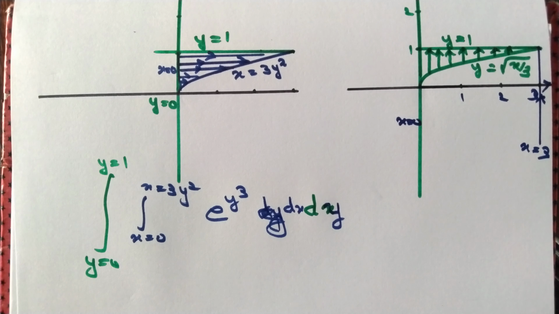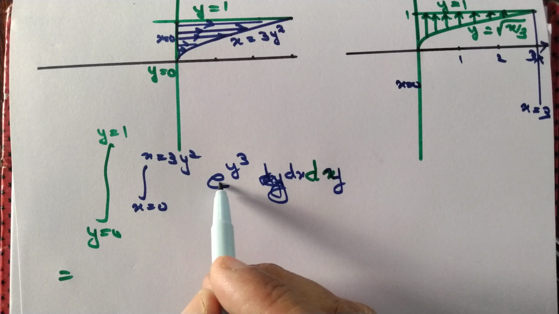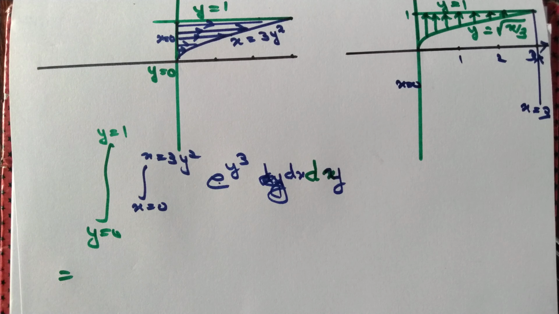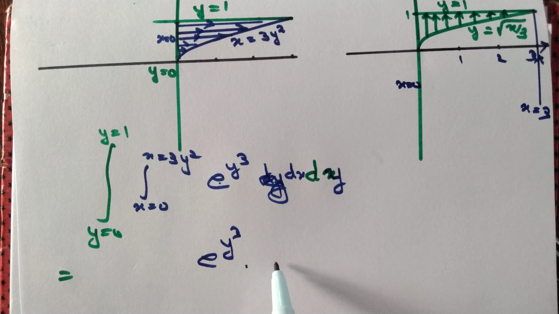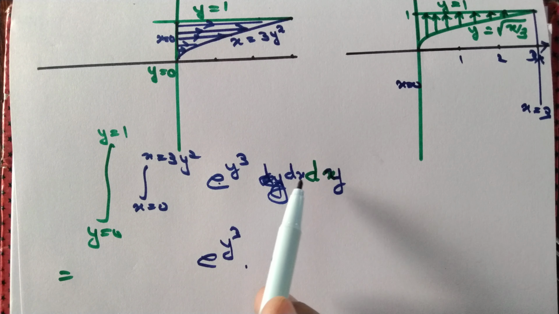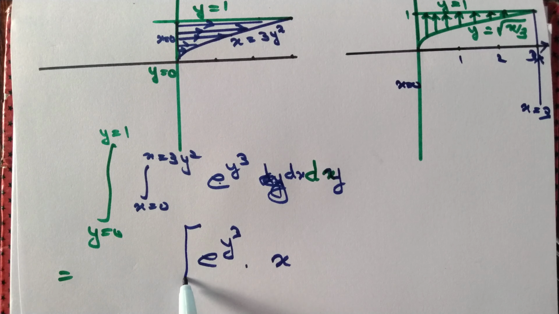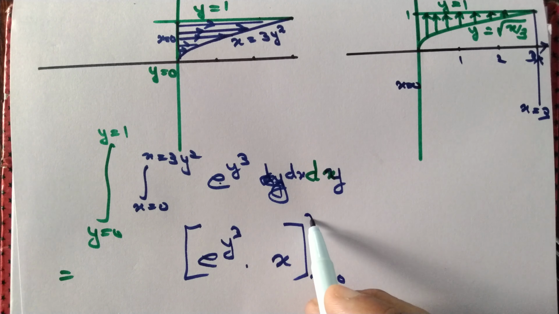Let's do it. The integral of e to the power y cube with respect to x is simply e to the power y cube times x, because if we are integrating with respect to x, then we treat y as constant. And we are changing x from 0 to 3y square.